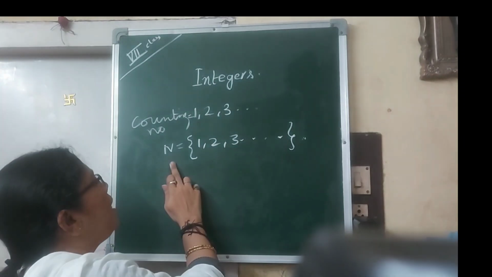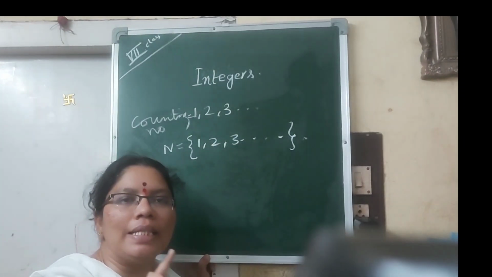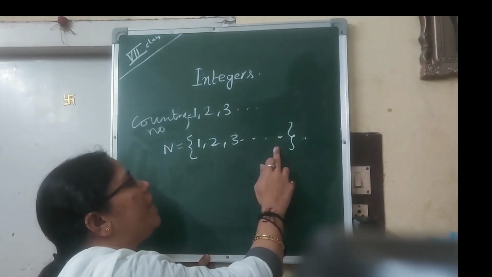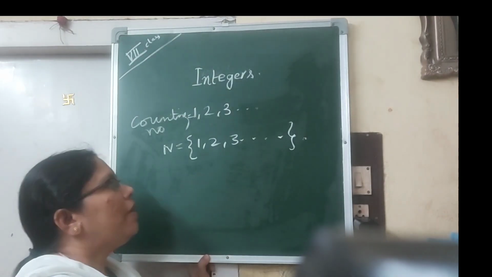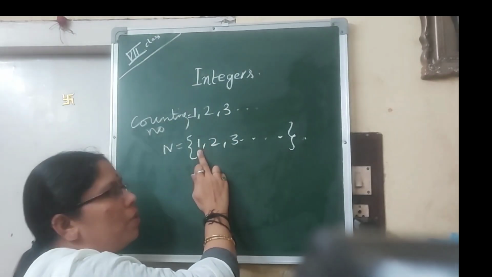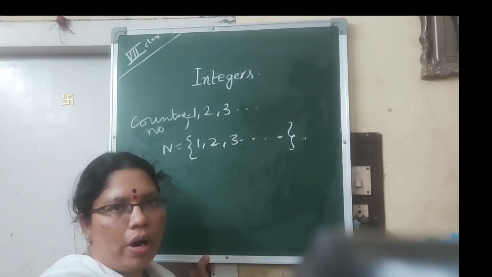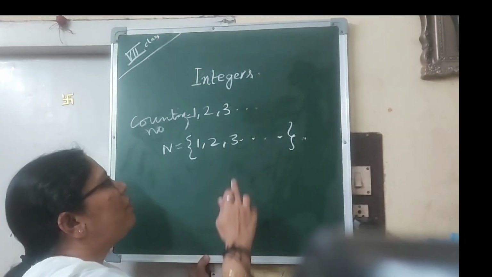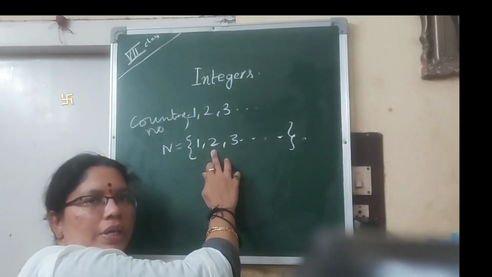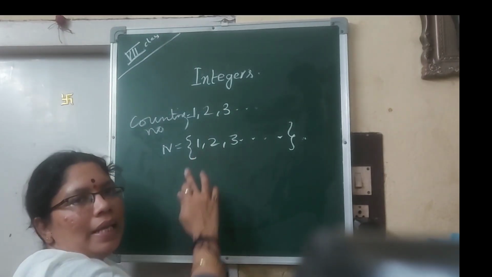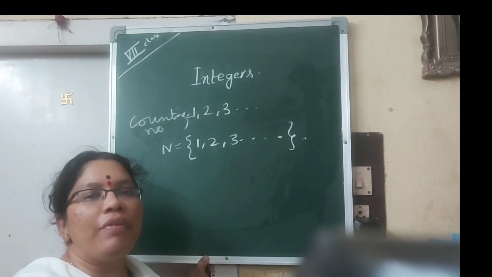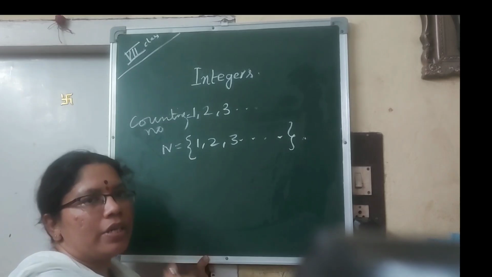In the natural number set, we have successors for each and every number. The successor of 1 is 2, the successor of 2 is 3 and the successor of 3 is 4 and so on. The predecessor of 3 is 2, the predecessor of 2 is 1 and the predecessor of 1 is 0, which we do not find in natural numbers.